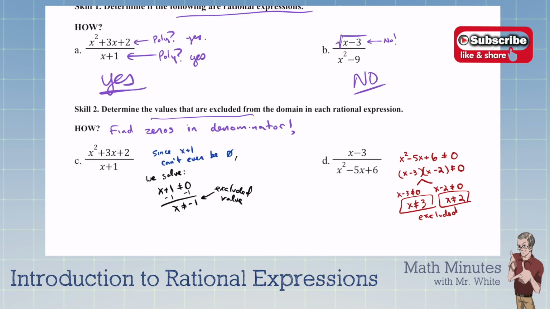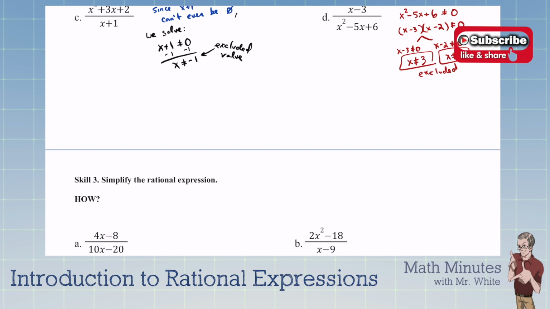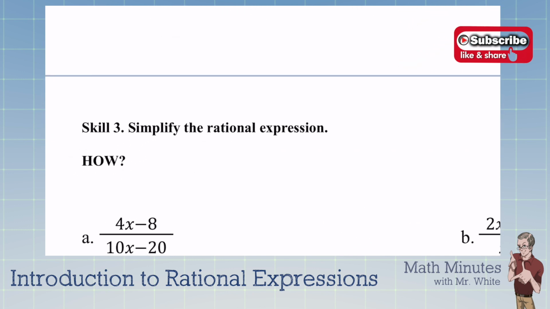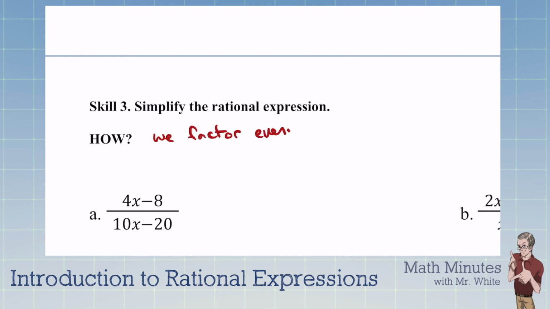Okay, so that's skill number 2 in this section. We're pretty easy so far, right? Is it a polynomial or not? And then the excluded values has to do with the domain. So now let's get into simplifying. Do you remember that problem we did at the beginning, the pre-test or pre-check? How do we do these? We factor everything. So we look for GCF.